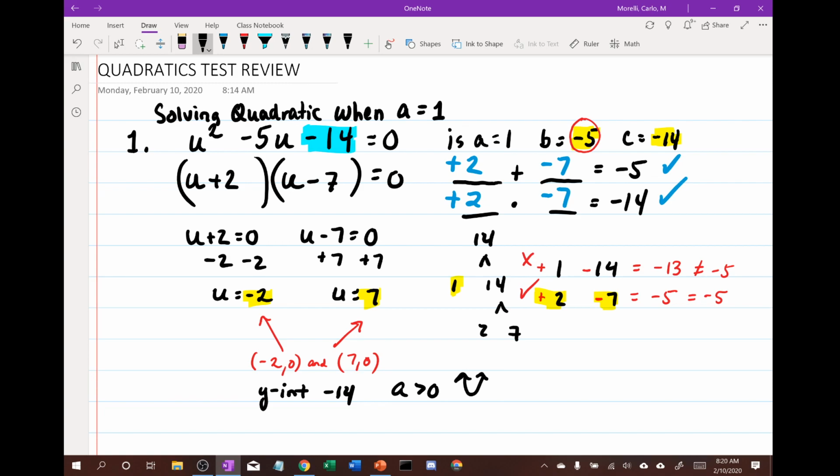Now, let's identify the domain and range of this graph. I'll give you a hint on domain. It is the same for every quadratic function in existence. How would you say that? Yeah, that's correct. But can you use more formal language?